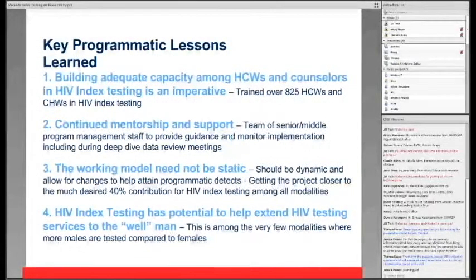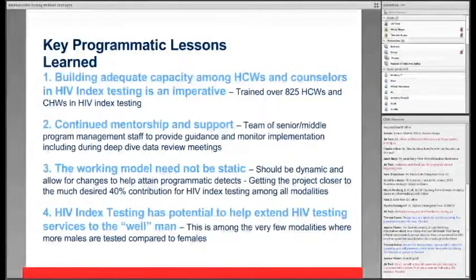First and top on the list is the fact that adequate capacity building among community health workers, healthcare workers, as well as counselors in HIV index testing is an absolute imperative. So far within Discover Health Project, we've trained over 825 healthcare workers as well as community health workers in HIV index testing.